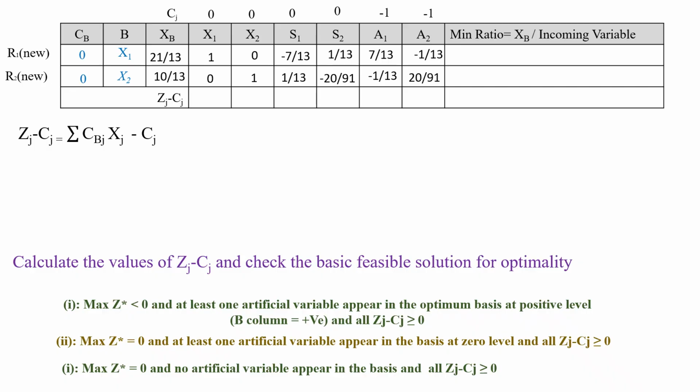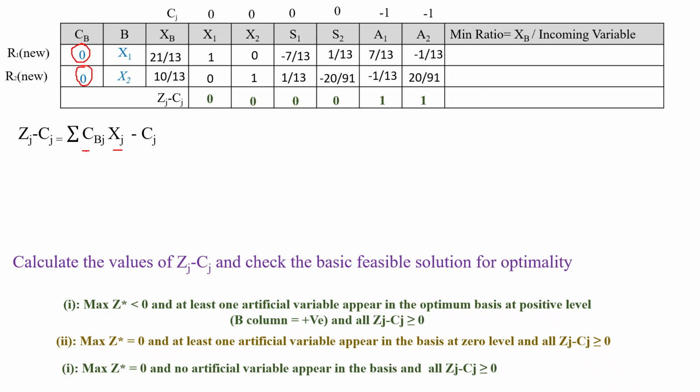So next we have to calculate the ZJ minus CJ values. ZJ minus CJ is the multiplication of CB values with the XJ coefficients minus the CJ values. Here observe the CB values are 0, so we have to write down minus of CJ values.